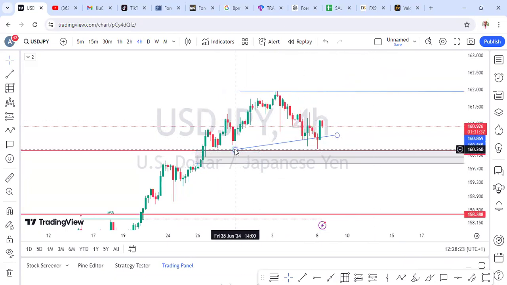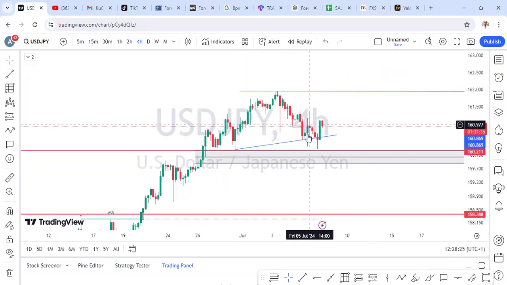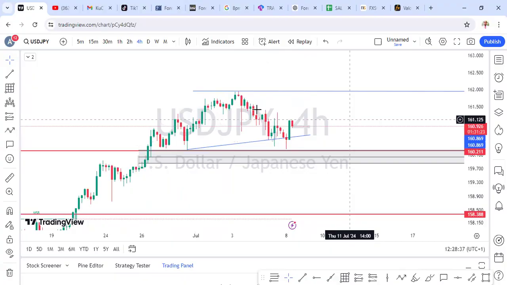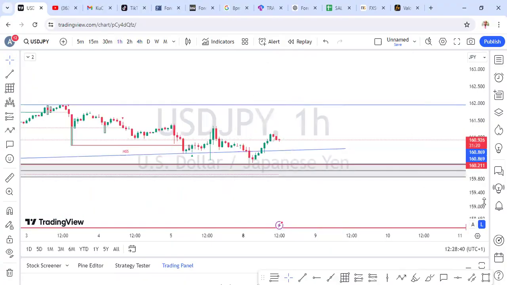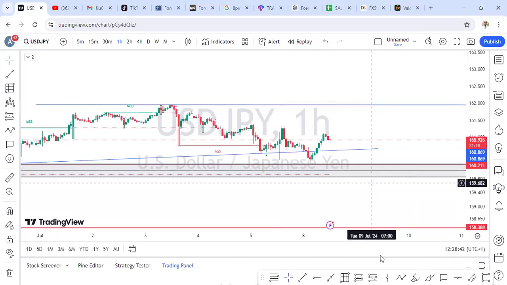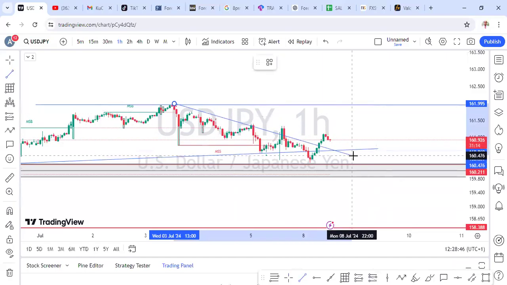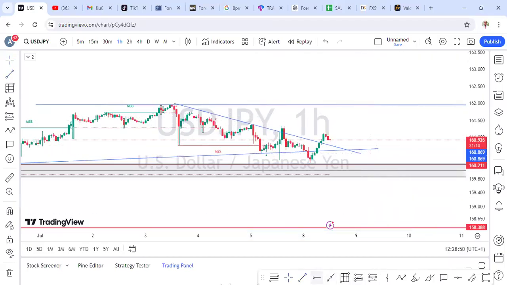Now we have this low not taken. Price came, it rejected. Price came, it bounced. So this morning we have this engulfing candle that bounced and closed above. So this is another way to show that. If you missed entry, this should be a good entry for you now.